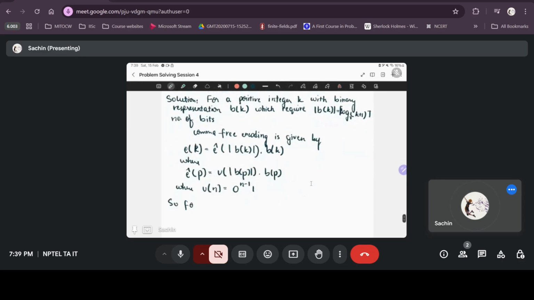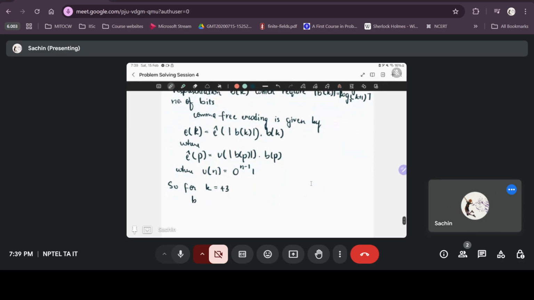So for k is equal to 43, B of k is how much? Get 32 ones, and you don't need a 16. You add an 8, that's 40. You don't need a 4. You add a 2, that's 42.